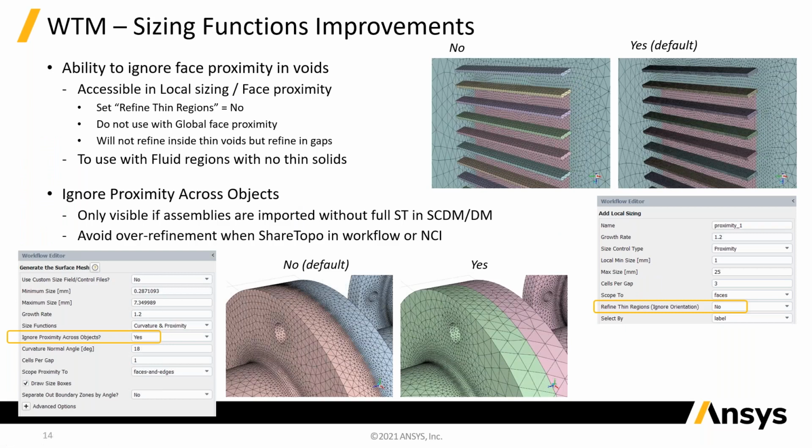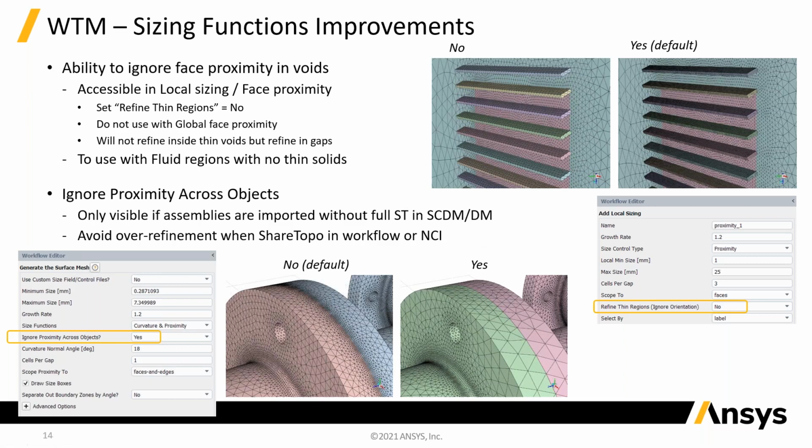A couple of new sizing improvements. So it may be that you've got some thin regions here that you don't need proximity on, but you do want proximity on in other regions. So you can ignore the proximity in these thin regions by setting this parameter, refine thin regions to no. So those won't get proximity set, but there'll still be proximity between them.